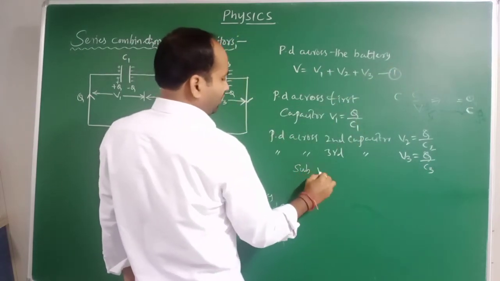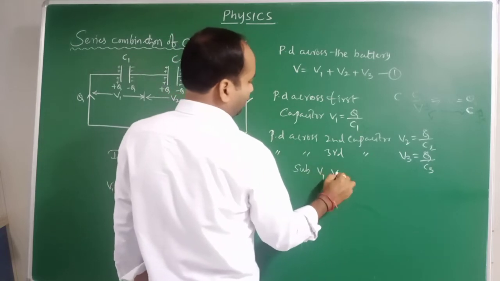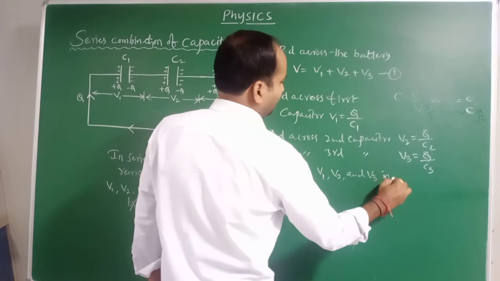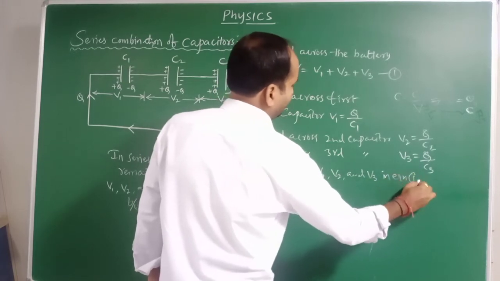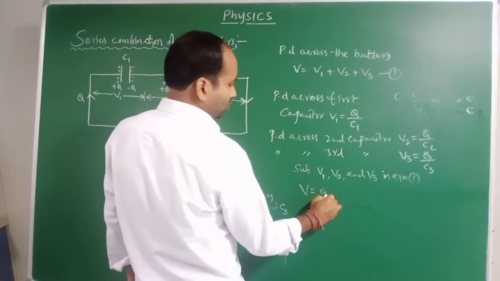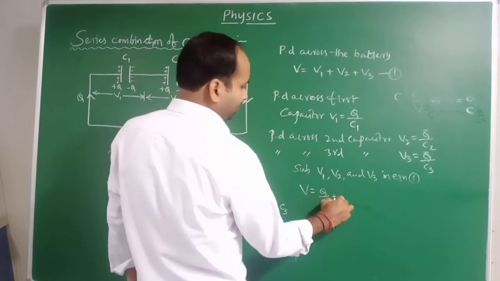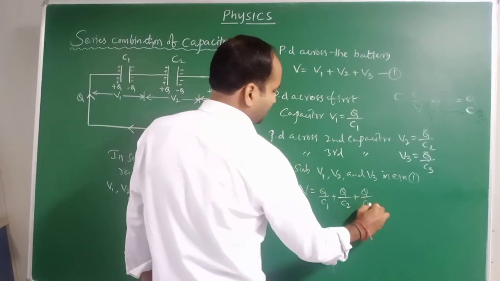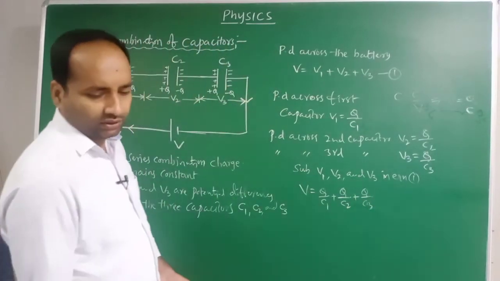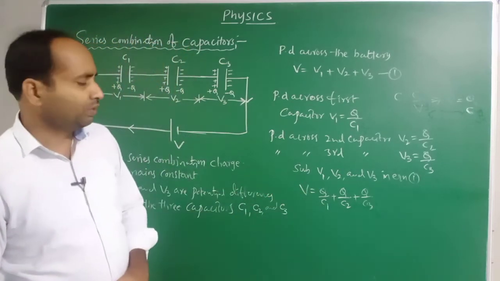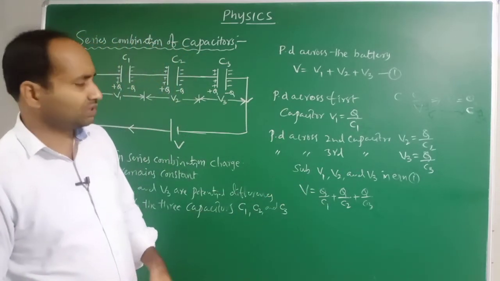Substitute V1, V2 and V3 in equation number 1. What is equation number 1? V is equal to Q by C1 plus Q by C2 plus Q by C3.